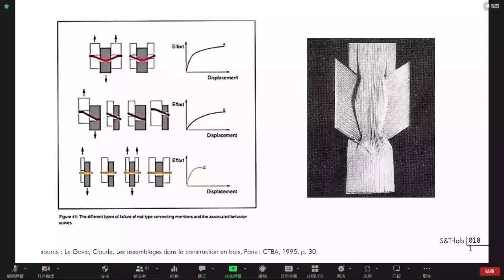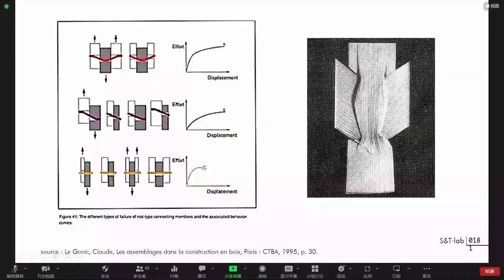And what's important to mention about the global behavior is that, according to the dimensioning and the respective dimensions of the system, you can deploy ductility, so plastic behavior of the connection, or very, very low.